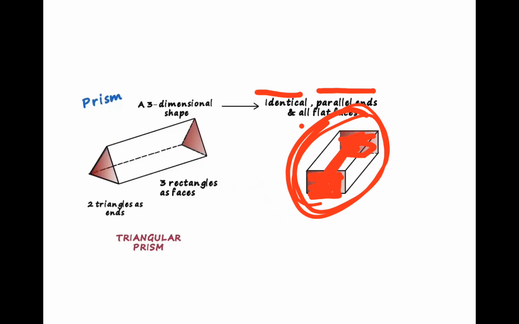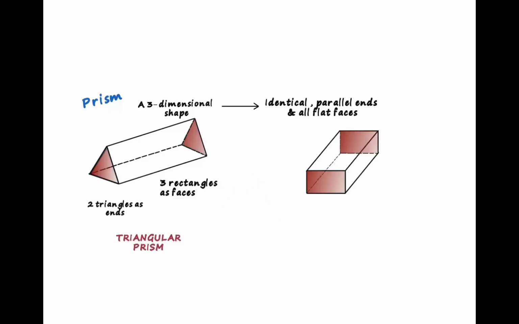You are getting it? They are identical rectangles and in the same line, so they are identical and parallel. And the other surfaces are flat too. You see the other surfaces here, they are flat.